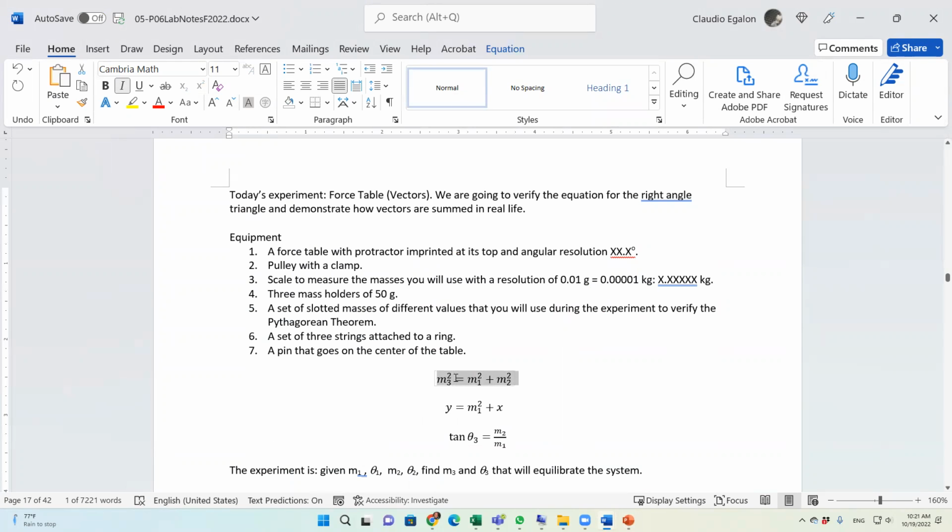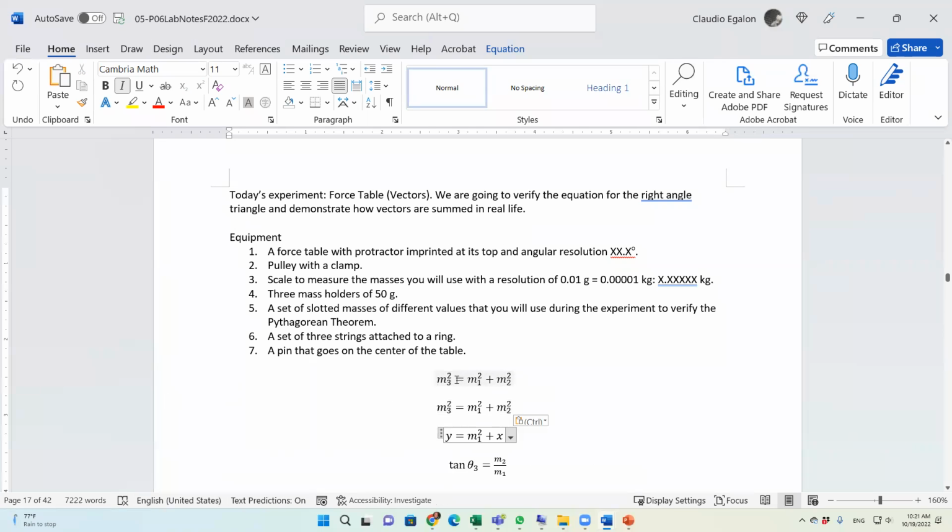The force should be written as M3G. Because we are squaring them, we gotta put the G squared there as well. The given masses are M1 and M2. M1 is gonna be 300 grams all the time, M2 is gonna vary, and then you're supposed to find M3. Because this G is the same value on the other side, they cancel out, right?